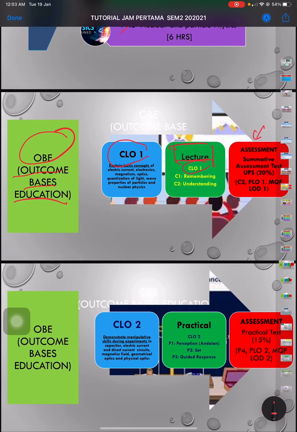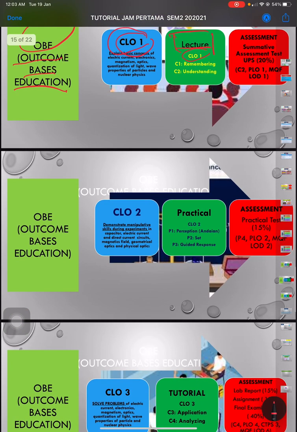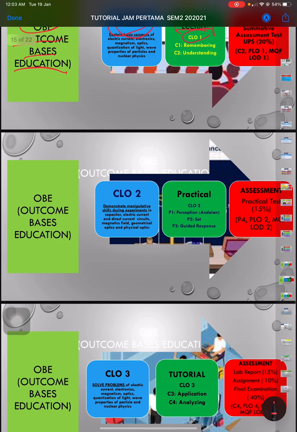Lecture ni bila you belajar kat mana kita akan uji dekat UPS, and it covers CLO1. Next untuk practical test, OBE, outcome based education, kita akan cover CLO2, from perception and guided response. So CLO2 is demonstrate manipulative skill during experiment that we cover in practical, using the assessment of practical test, 15 marks.